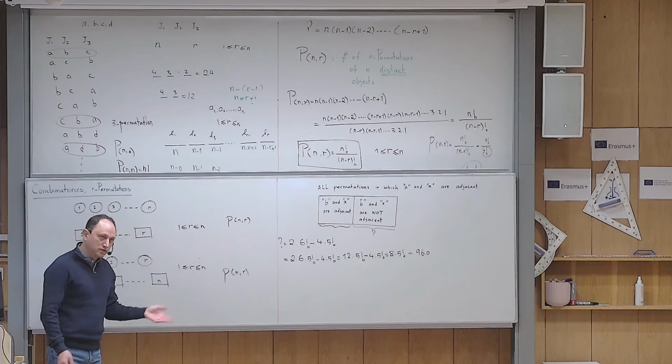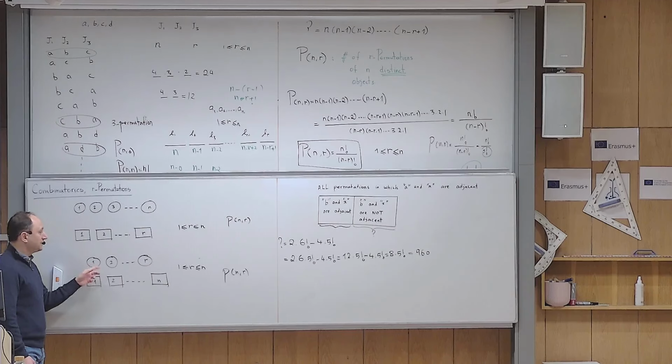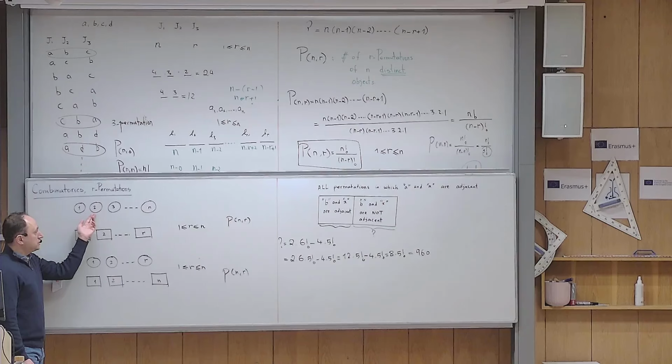If you don't like this, let us think in that way. Let us go back here. If I want to start from the product principle, this task of distributing these marbles into these boxes can be done in how many stages?